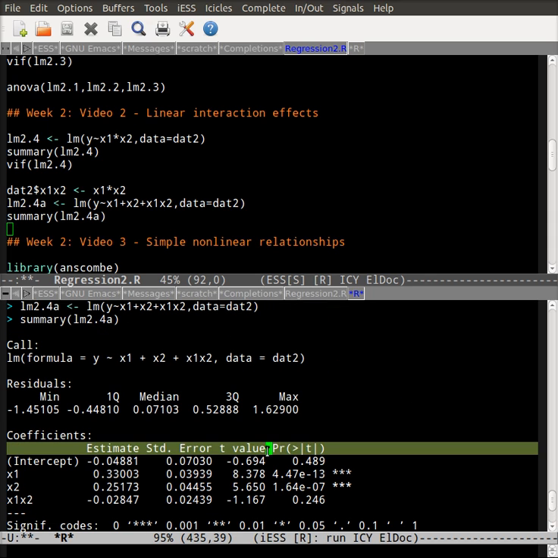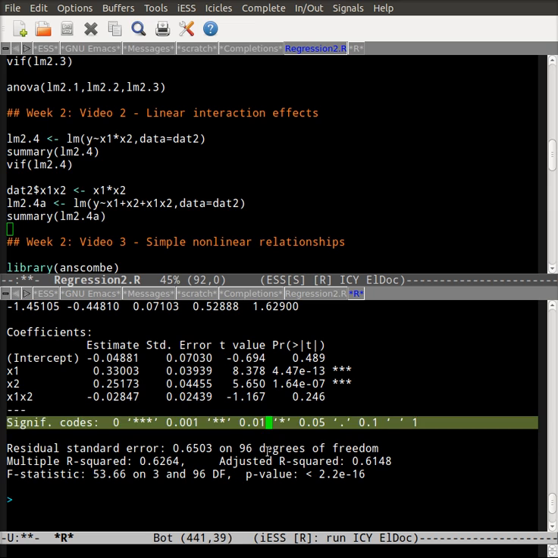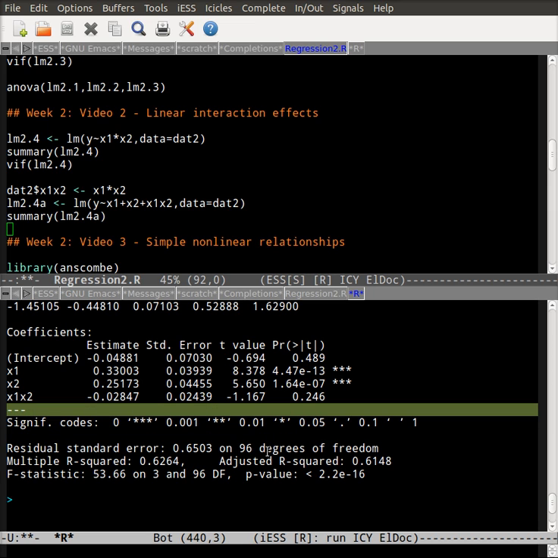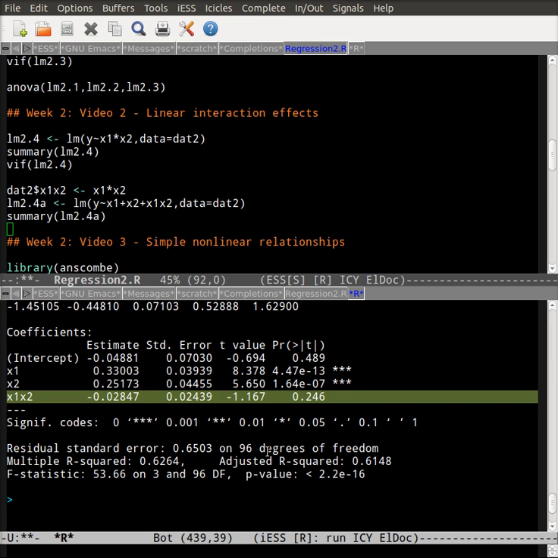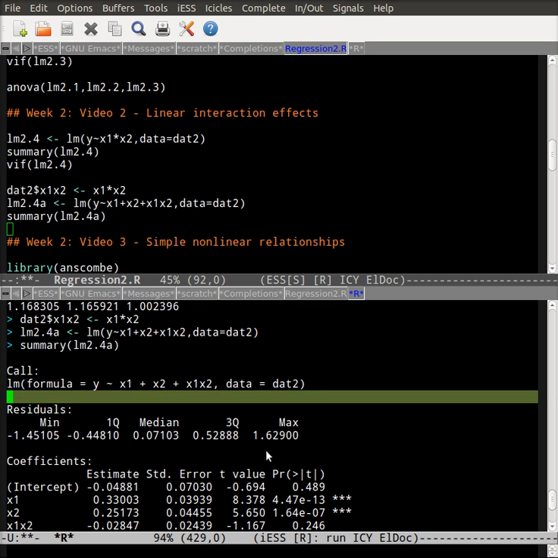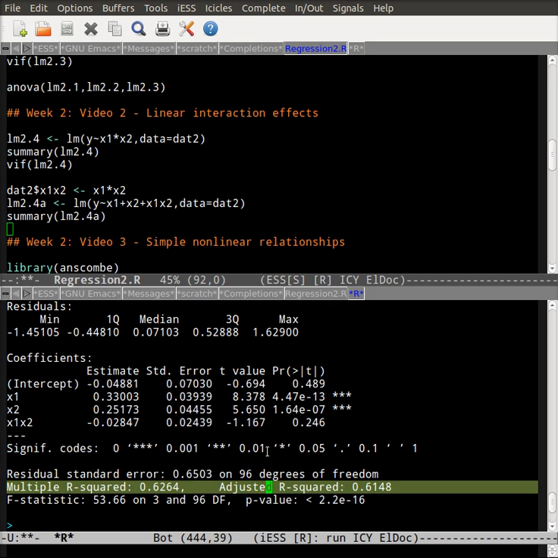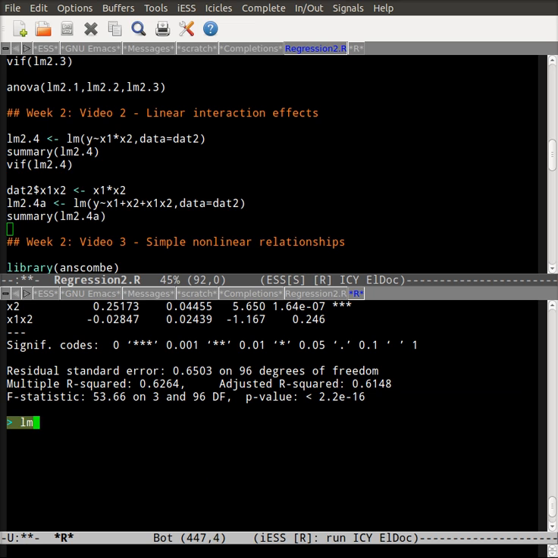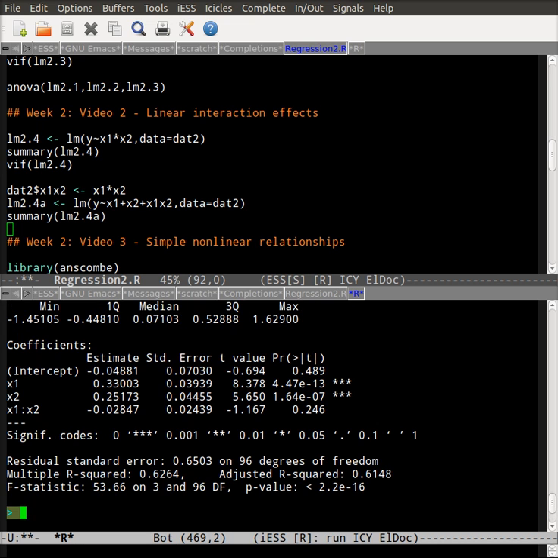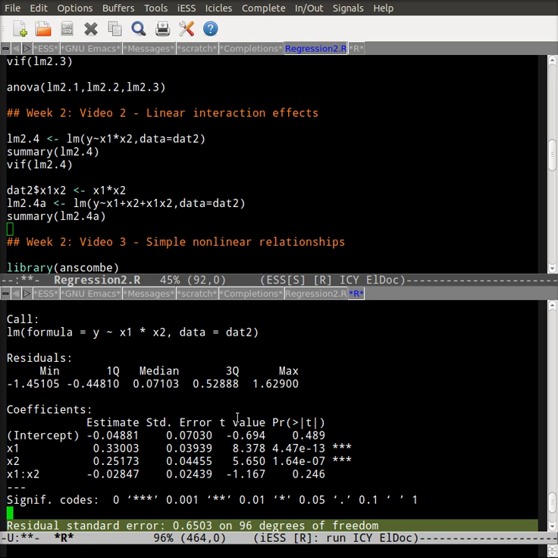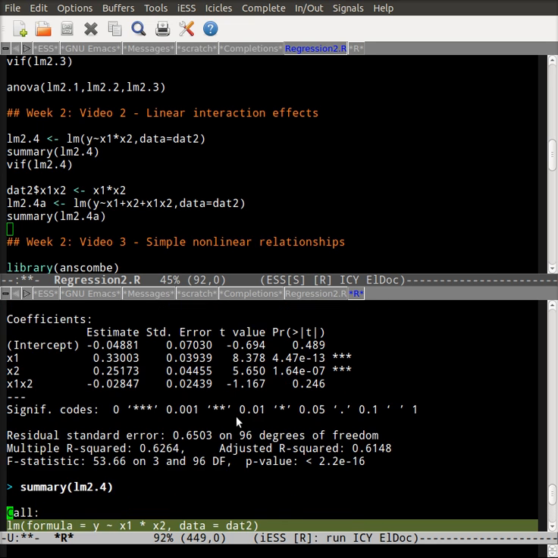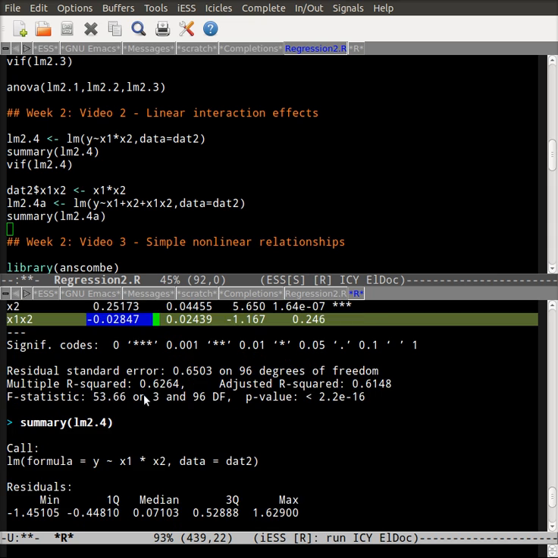I have a summary. So let's compare. What do we have? I have x1, x2. Now instead of having that x1 colon x2, I have x1 times x2, which is explicit. So maybe what we can do is a comparison. I'm going to do a summary of lm24 just so that I can have them close by. So here I've got minus 0.02847.